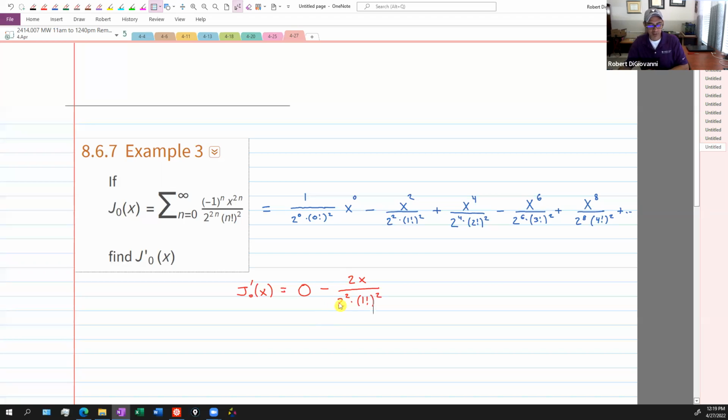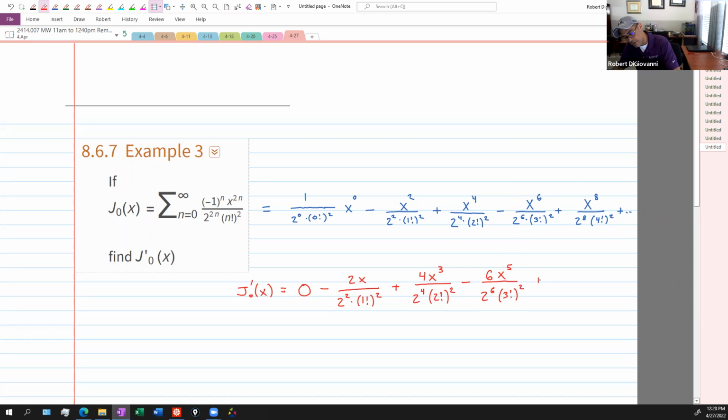I realize I could cancel 2s. I'm not going to. I'm trying to see a pattern. Plus now 4x cubed. And then over 2 to the 4th, 2 factorial squared. Same thing. 6 comes out. So minus 6x to the 5th over 2 to the 6th, 3 factorial squared.